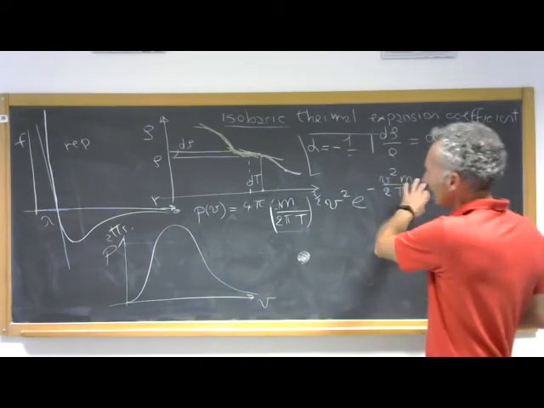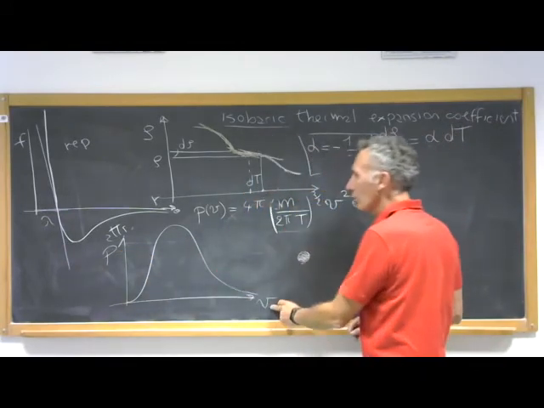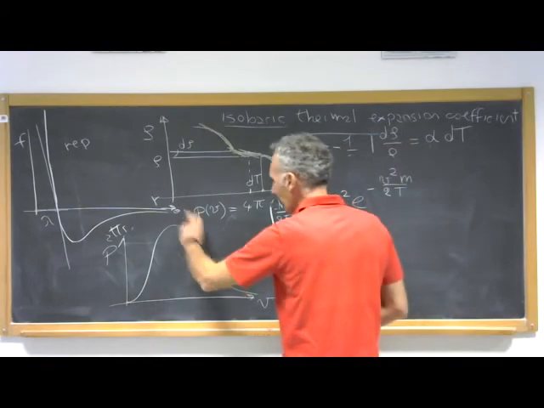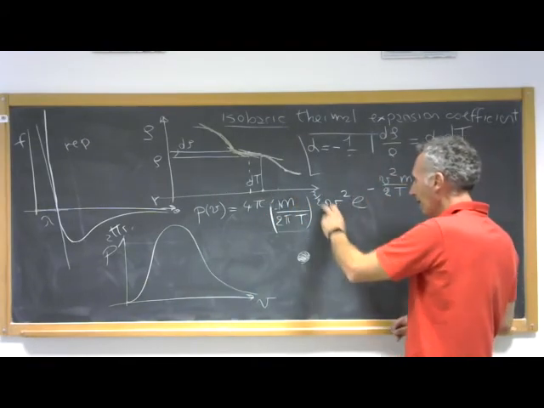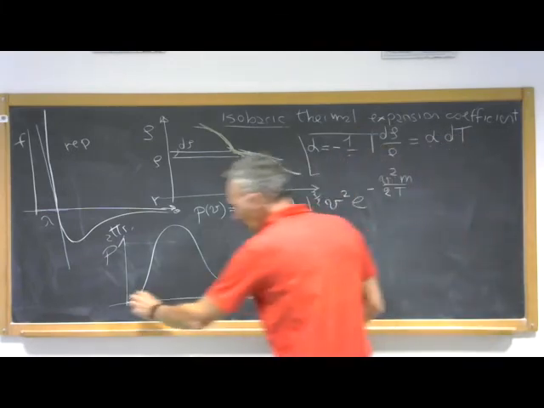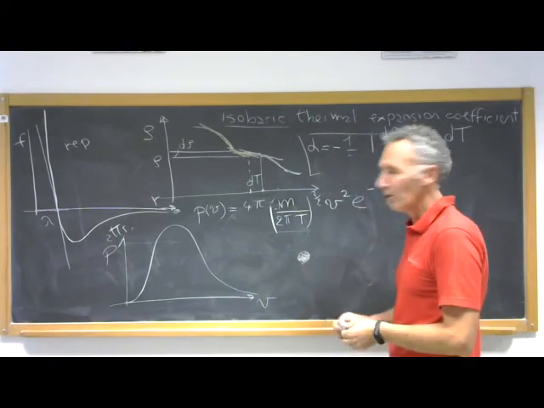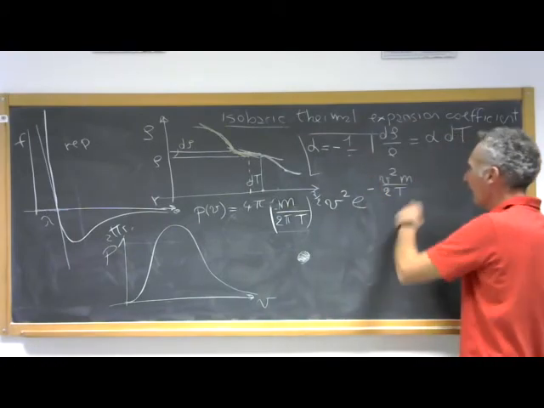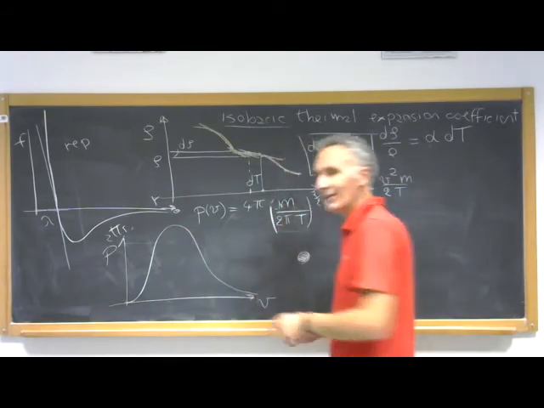We are saying that the probability distribution for a molecule to have some velocity is described by this curve, which has this form. As you can see, there is a v squared here, which is responsible for this parabolic behavior, and there is this negative exponential part, which is the tail.